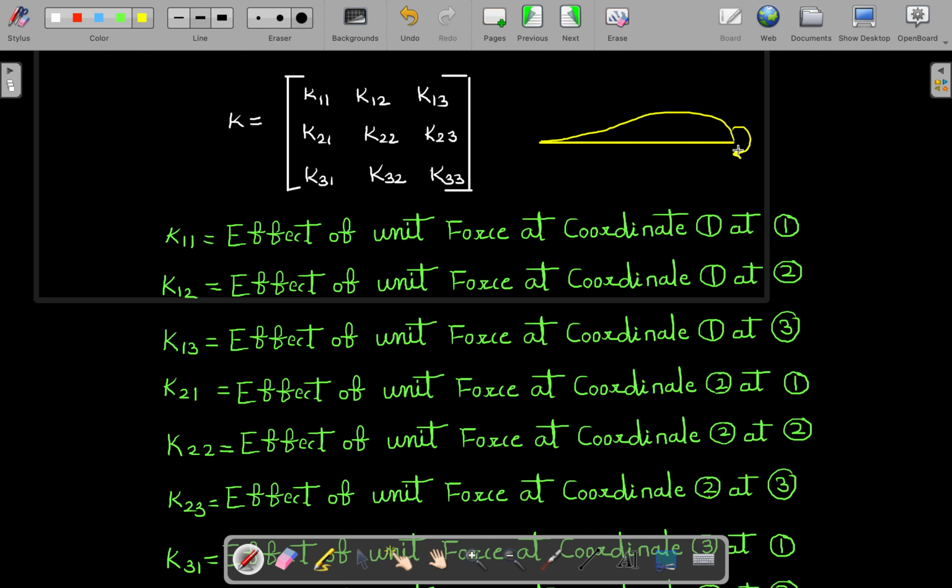Because of the unit rotation at this point, this is the shape we are getting. Say this is place 1 and this is place 2. Because of this unit rotation here, there will be some moment created here. Let us call it 4EI by L, and this is 2EI by L.